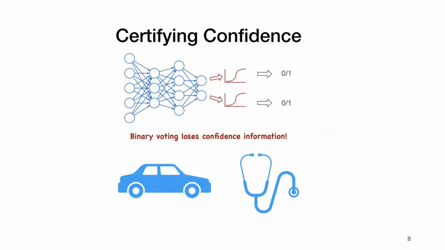Consider the base classifier: it has a softmax layer and the output is a score, and such a confidence score can be interpreted as the degree of certainty that this model has for each class label, but the smooth classifier does not have this.